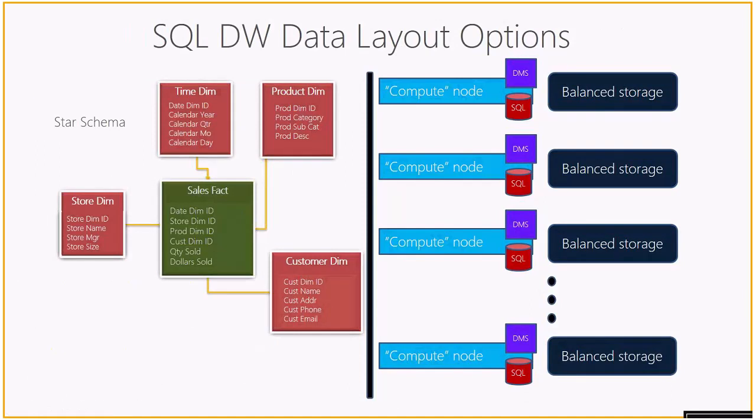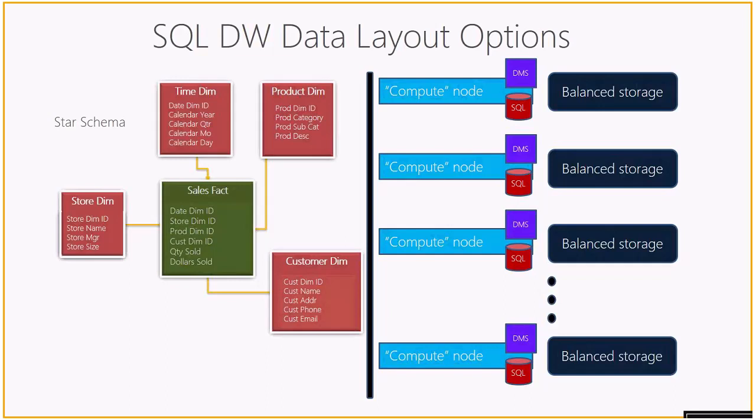This is a layout of a star schema-based data warehousing structure where we are looking at a fact table which has dimensional keys, foreign keys from multiple dimensions like customer, store, time, and product. And here we have the quantity sold and the dollars sold. So as you can see, you have the capability of bringing all the data and storing it into your SQL data warehouse MPP structures.